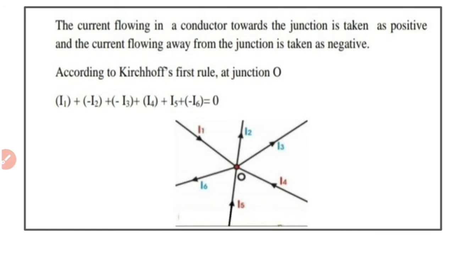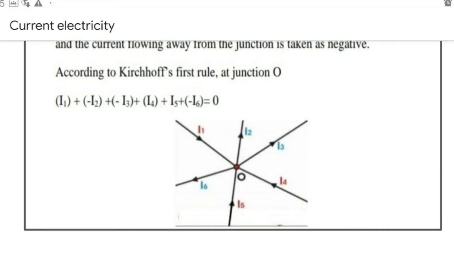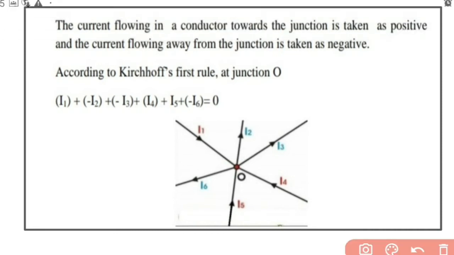Here, current flowing towards the junction we take as positive, and current leaving away from the junction we take as negative. Currents I1, I4 and I5 are moving towards the junction, so they are positive.